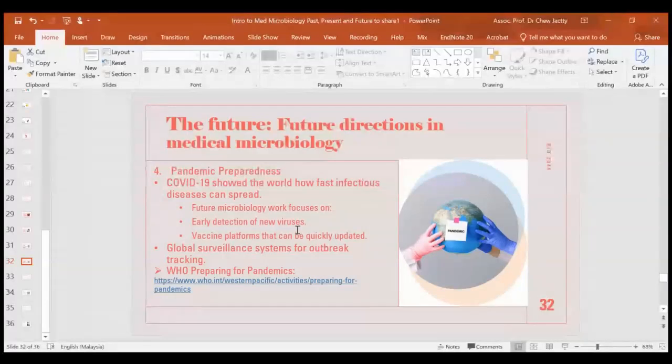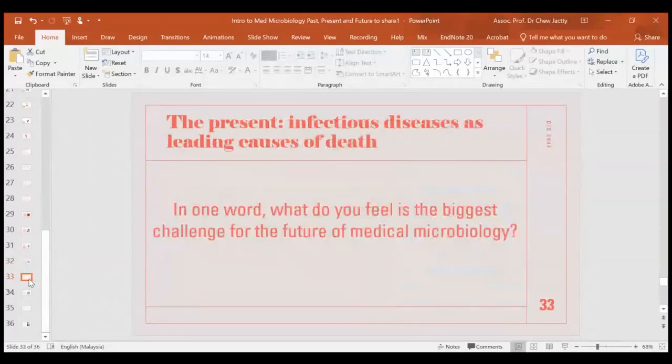Only if we can detect early cases very quickly can we be prepared for the pandemic that comes. Okay, and recognizing the importance of pandemic preparedness, WHO also has an initiative called WHO Preparing for Pandemic. So the website is there. You can have a look later on.